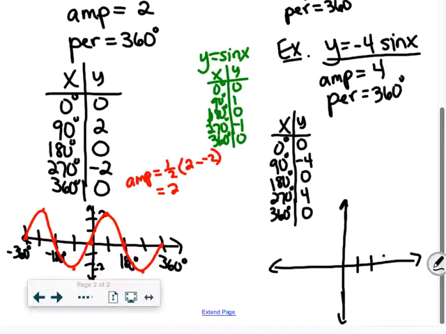So I make 4 tick marks, label every other one. Now my y values are going 4 and negative 4.